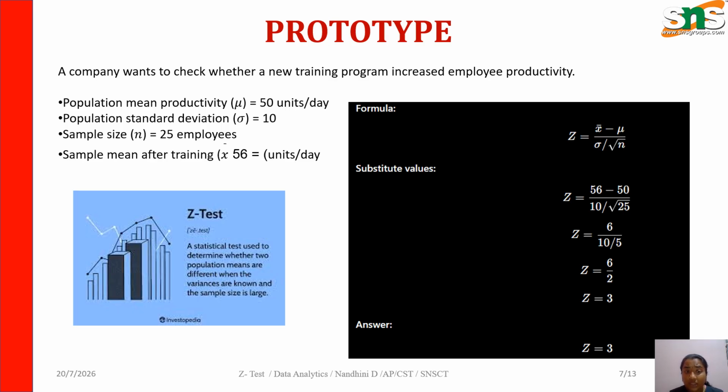So this is a statistical test used to determine the difference between two population means when the variances are known and sample size is known. So we are substituting these data in the formula. According to that, we will get an answer. So that answer declares whether this prototype gives us a live tracking, how it is estimated, and how the difference has been shown here.